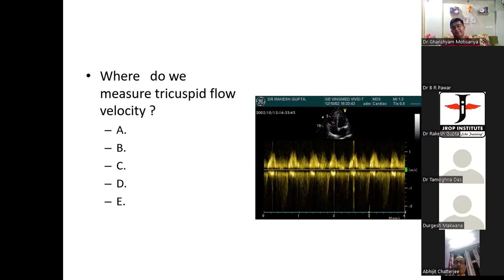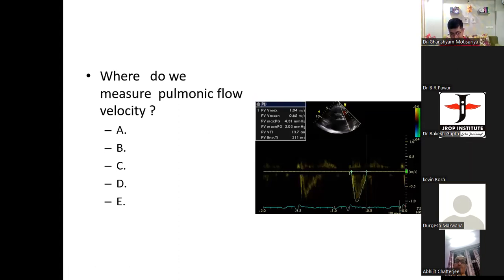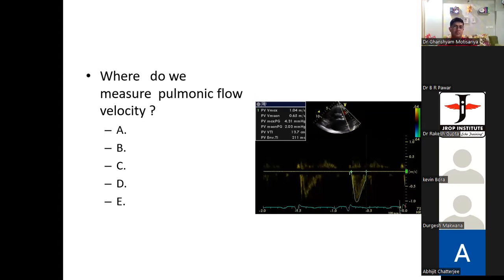Okay. Next, Kevin Bora. Kevin, are you there? Tell me, Kevin, where do we measure pulmonic flow velocities? We can measure in the parasternal short axis at the level of aorta.